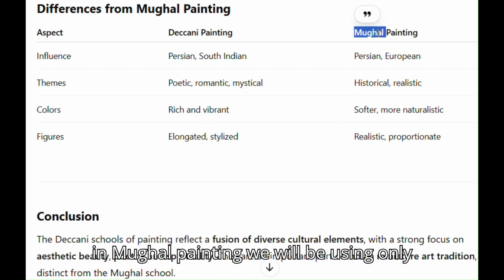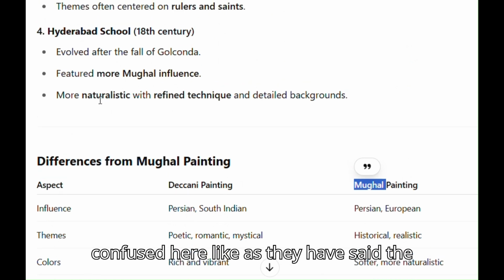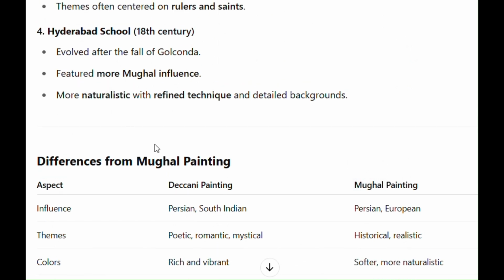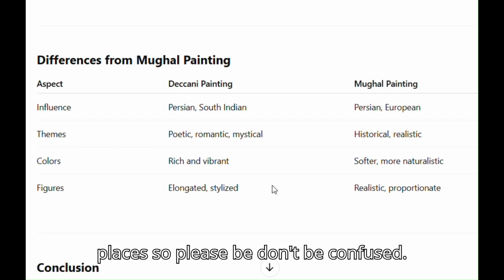In Mughal painting, we'll be using only softer and more naturalistic colors. So please don't get confused here, the word naturalistic will come in many places.